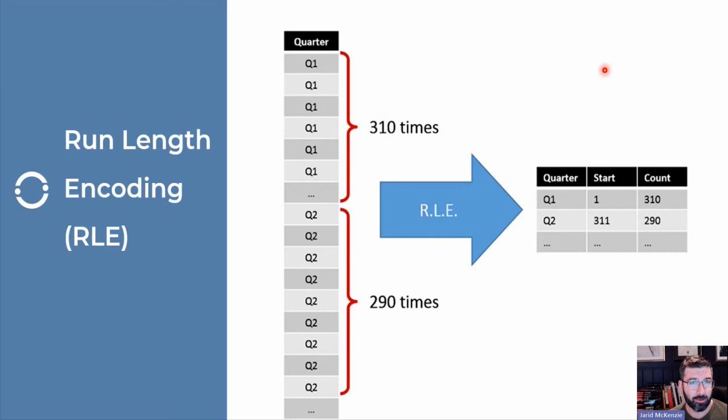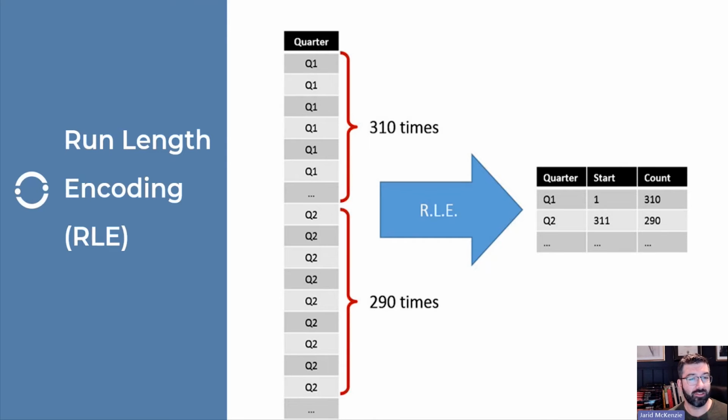But what happens is I can take all this data and compress it into a very small table that just says, okay, I've got Q1, it starts at row 1 and goes for 310 rows, or Q2 starts at 311 and goes for 290 rows, and so on and so forth. I could have this Q1 repeated down here if there are multiple instances, depending on the order of the ultimate table. But that's really how the run length encoding works.